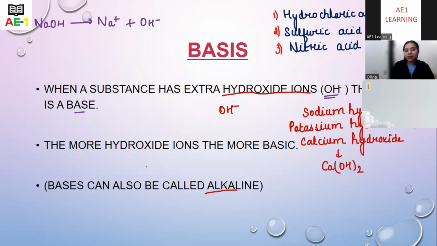The more hydroxide ions, the more basic it is. And we also call bases alkaline. One example is NaOH. When it breaks down, it gives Na positive and OH negative. Because it contains an OH negative, it is basic in nature.